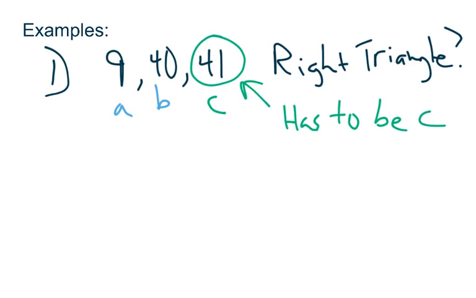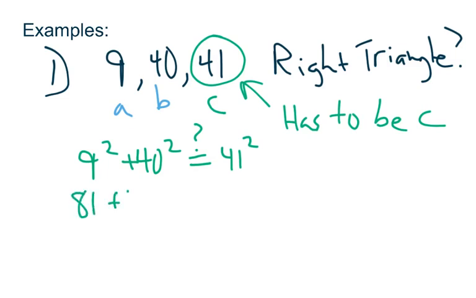So we'll go 9 squared plus 40 squared, and then we're going to use this unofficial mathematical symbol of an equal sign with a question mark to see if it equals 41 squared. And so we have to take some time, crunch our numbers, and see if that's the case. We'll get 81 plus 1600, and then the question is, does that equal 41 squared, which is 1681?